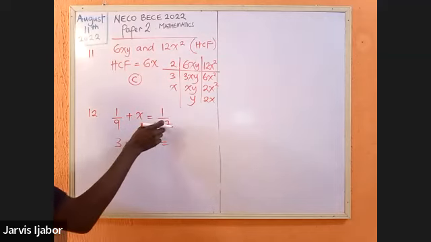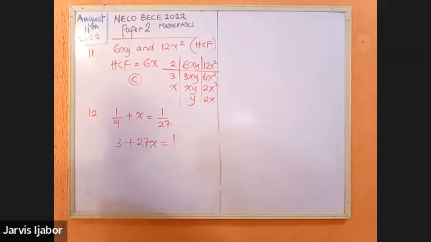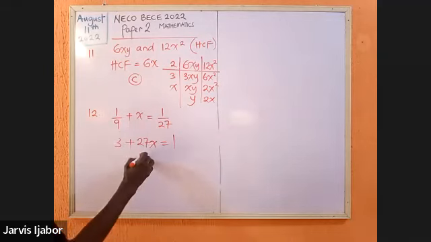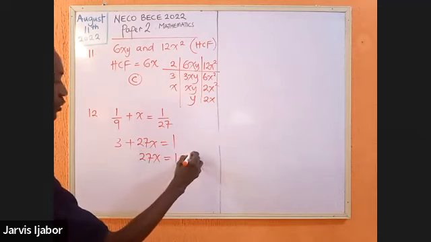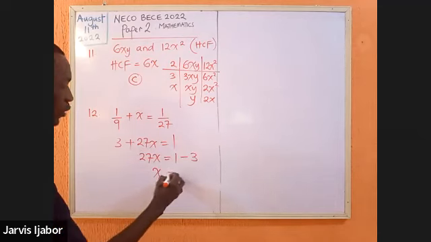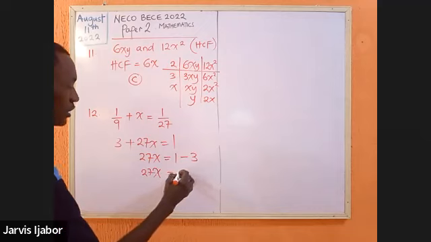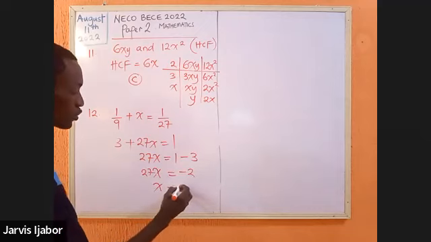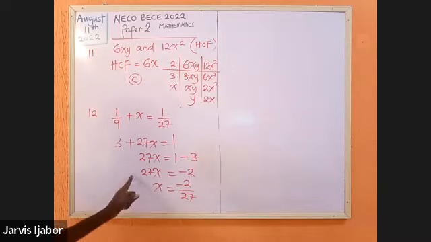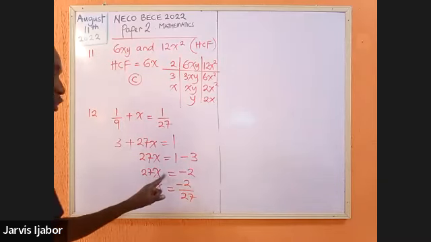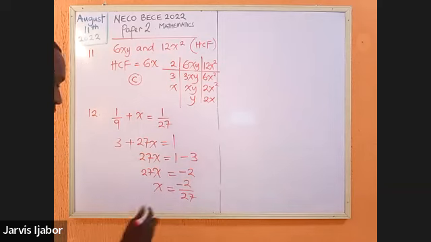And if I multiply this by 27, I'm going to get 1. So it means 27x will be equal to 1 minus 3, which is negative 2. And x will now be equal to negative 2 over 27. If 27 is multiplying this, then 27 will obviously divide this. Right?